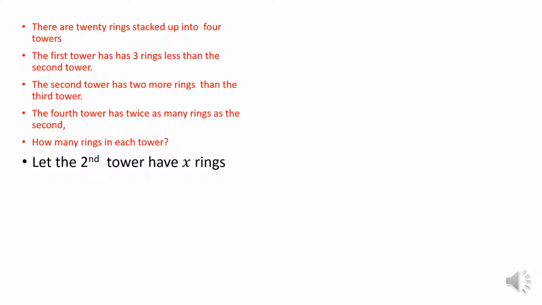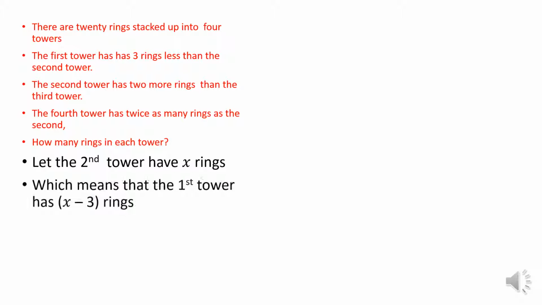Now, if the second tower has got x rings, and the first tower has got 3 rings less than the rings in tower 2, then for tower 1, we're going to have x minus 3 rings. And don't forget that the second tower has got 2 rings more than in tower 3.